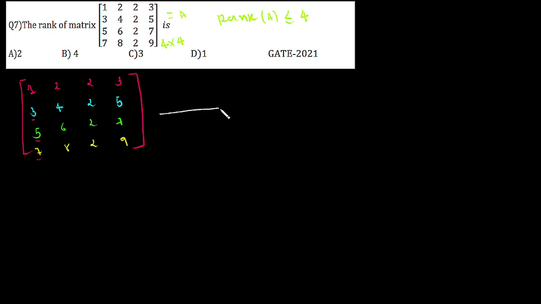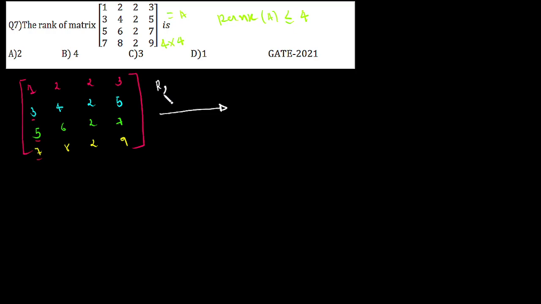So now to make all those three entries 0 we have to perform some row operations. If I subtract 3 times this first row from the second row, this element will be 0, and if I subtract 5 times this first row from this third row, this element will also be 0, and if I subtract 7 times this first row from this last row, this element is also 0. So now let's write it in equation form.